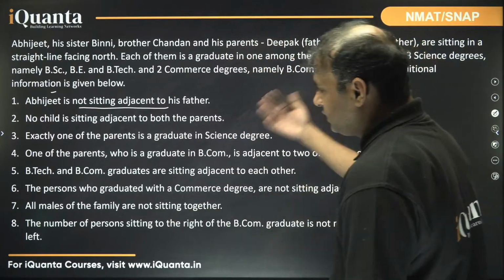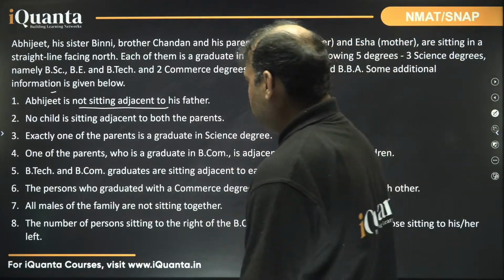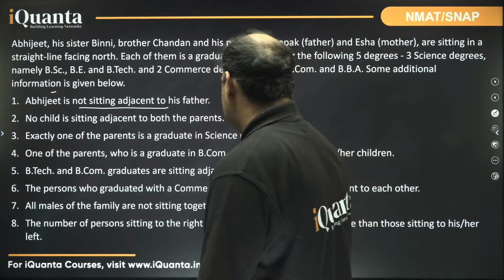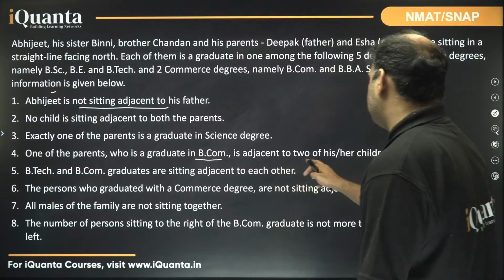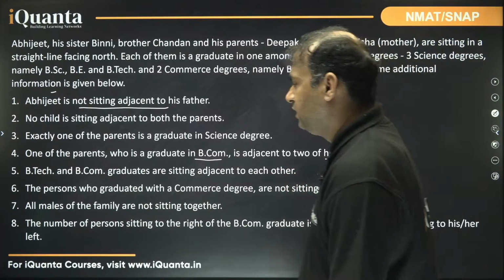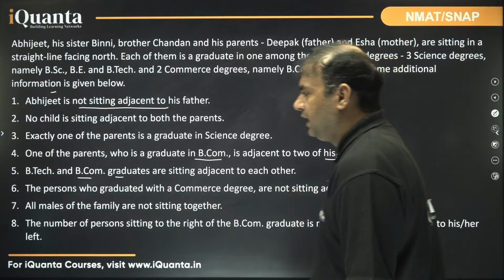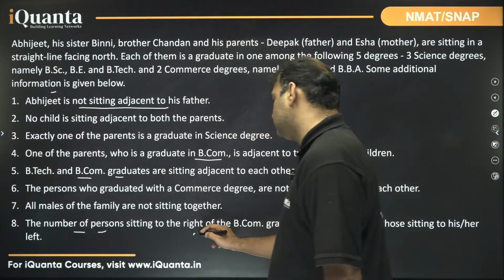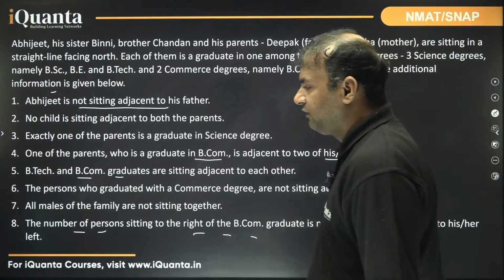Now yes, if you look at the degrees point of view, we have maximum information with respect to the BCom degree. There is a point that one of the parents is BCom and adjacent to both the children, alright. There is a point that BTech and BCom are sitting adjacent to each other. And there is one more point about BCom, that the number of persons sitting to the right of the BCom graduate is not more than those sitting to the left of them.